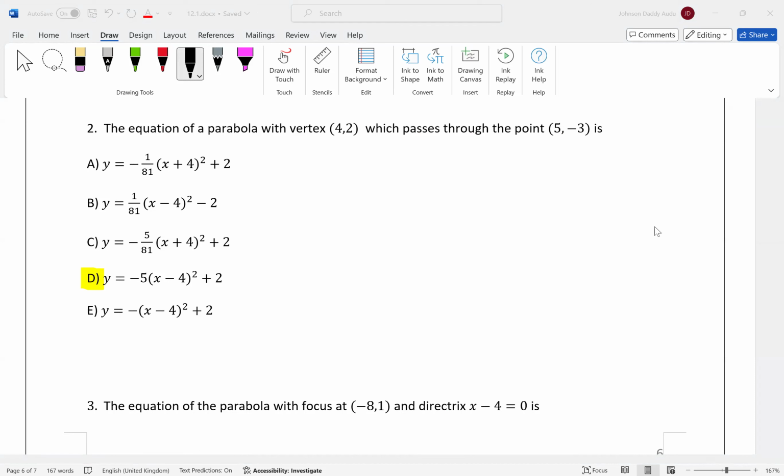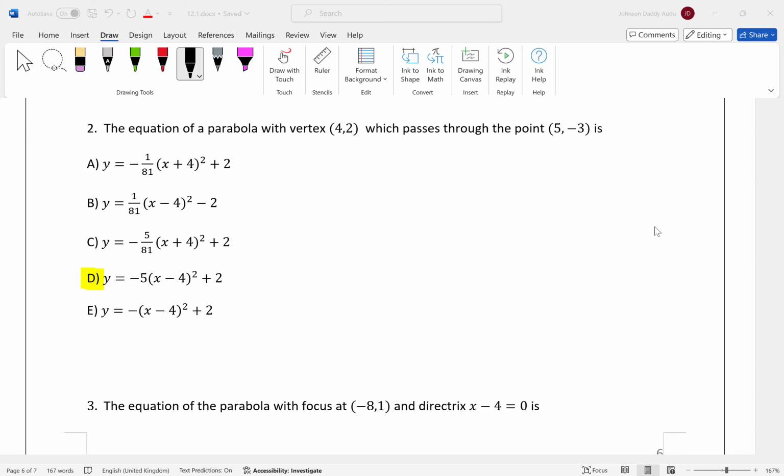Okay, so if you look at this question, it's a multiple choice question. And if you look at this, you will see that all the squares are on X, right? So since all the squares are on X, it means you're actually dealing with a vertical parabola.